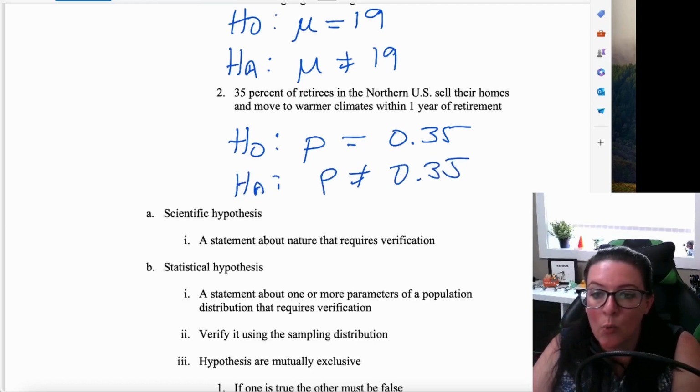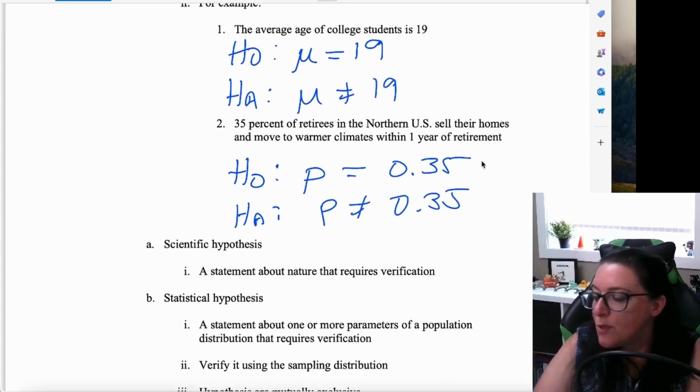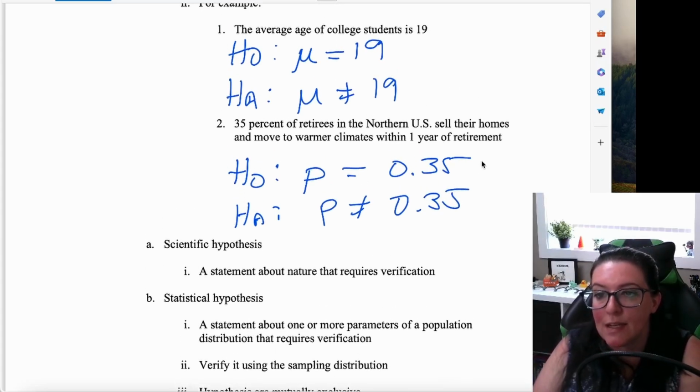Now we're going to talk about one-tailed tests and two-tailed tests. Two-tailed tests are where your alternative is not equal to, so it's quite possible the number is higher or the number is lower.